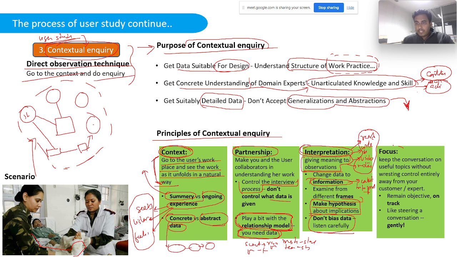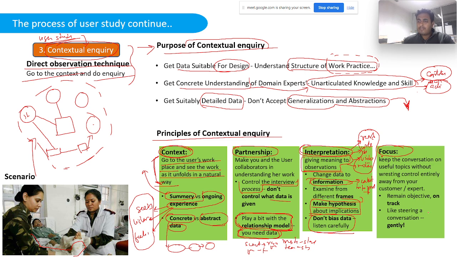Finally, the fourth principle is focus. Keep the conversation going in a focused manner based on your objectives, and do not get deviated to unnecessary topics. Be concise and remain on the objective.